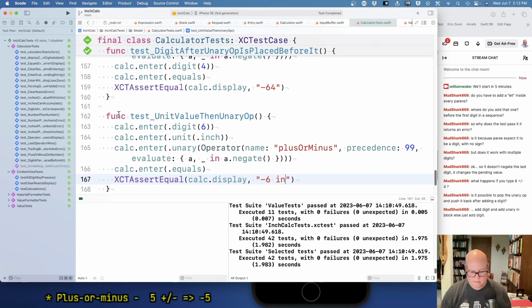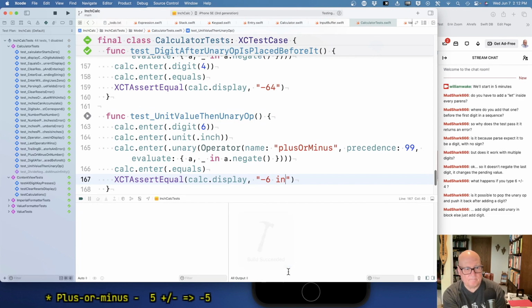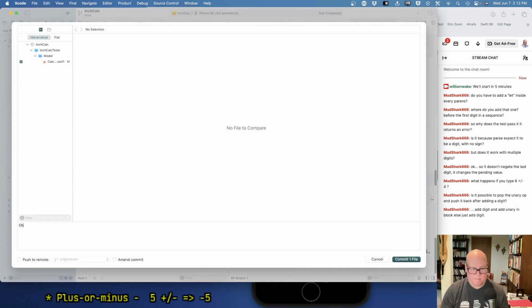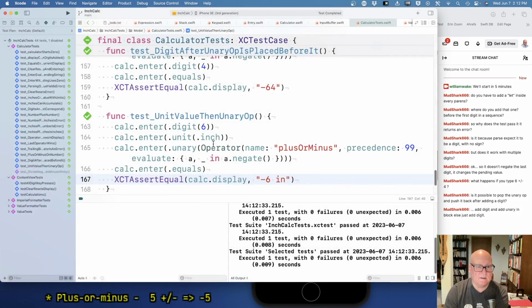All right. And good. Check that units work with plus or minus. We can make it a little more tricky. Let's make it 13, and we should get minus 1 foot, minus 1 inch.